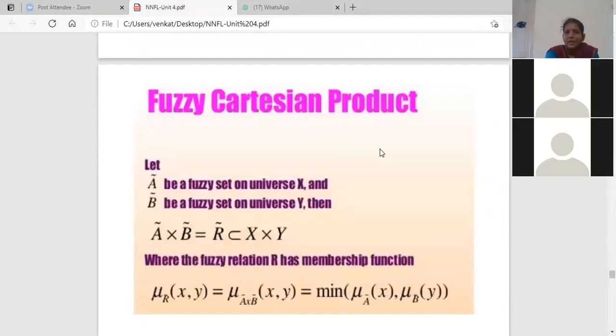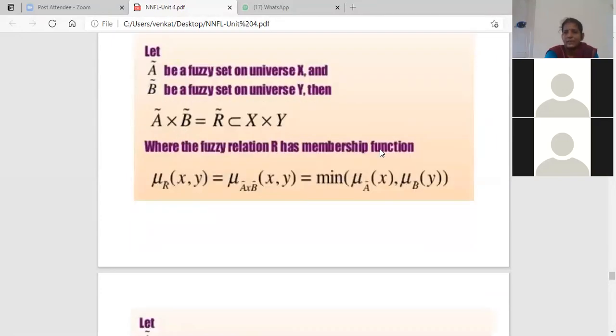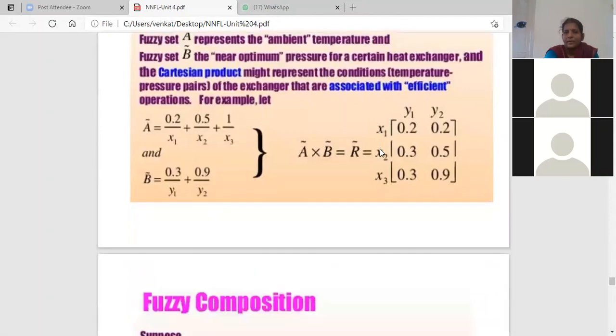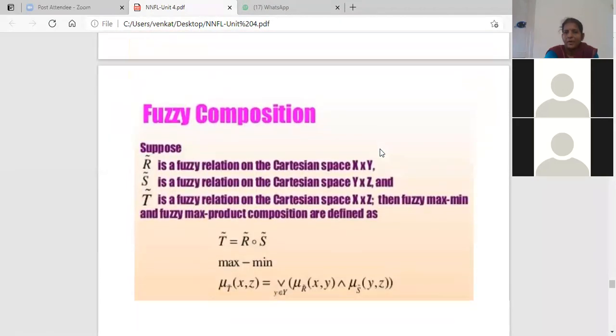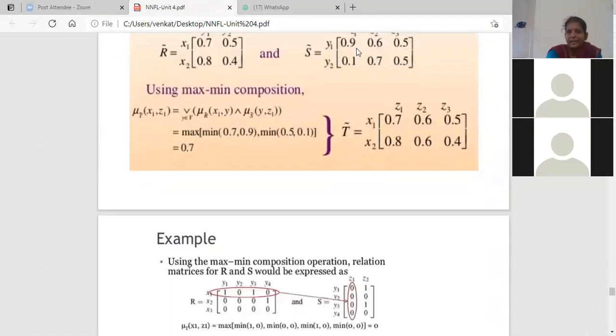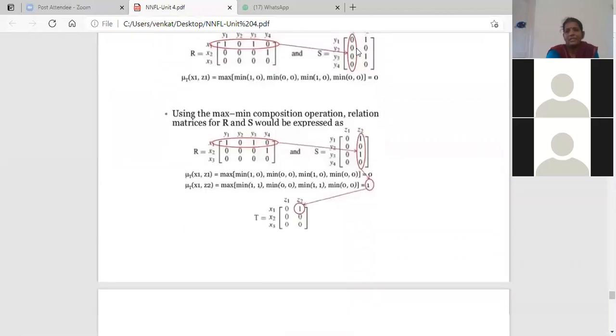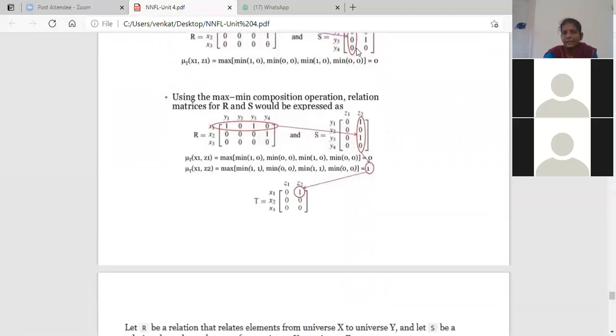So this one, the Cartesian product, directly you are considering minimum of the two membership functions. Okay, this example already in last class I have given you. You can refer back. Some more examples are there. Please refer back these examples and try to work out in your book.